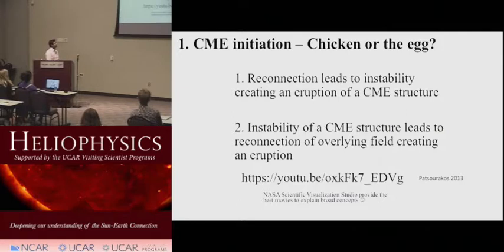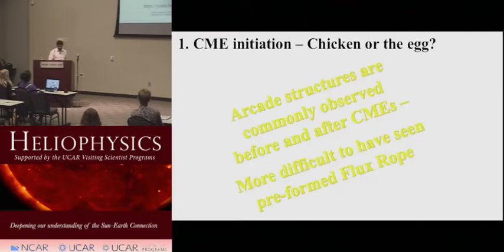And scientists have been going around trying to figure out which one, and in many senses, what the probabilities of both are. What I showed with the movie earlier was one example of the CME flux rope pre-existing before the eruption.